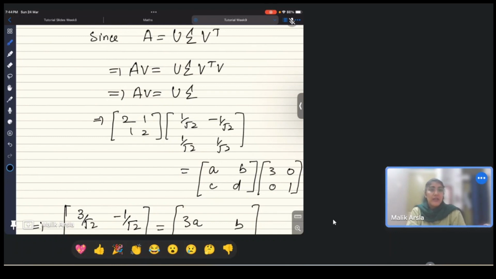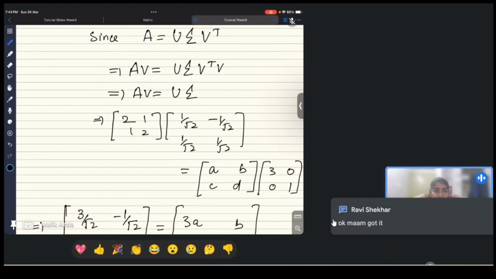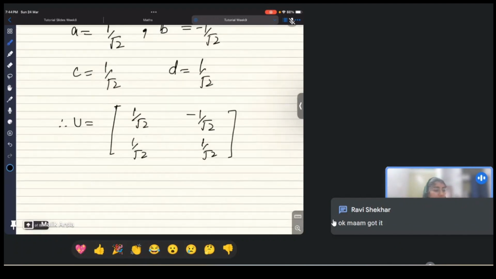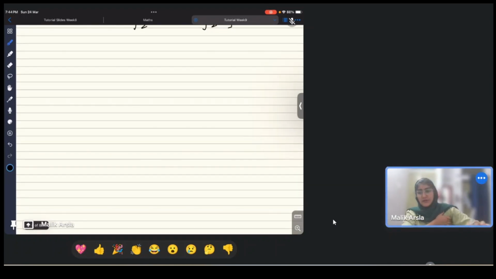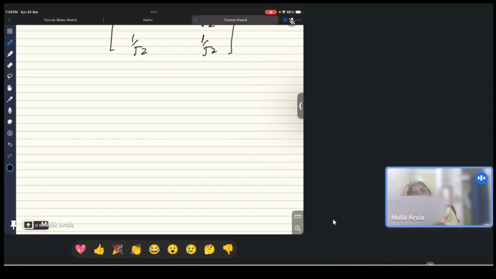Sometimes A can be any m cross n matrix, a rectangular matrix, and the order of the A matrix is the same as the order of sigma. If A is m cross n, sigma is also m cross n. So we cannot do it that way, because we cannot find the inverse of sigma. Okay. So now, if you have done till here, can we move to the next question?